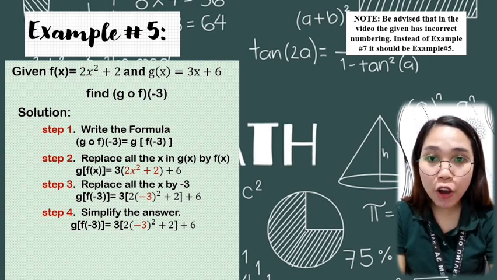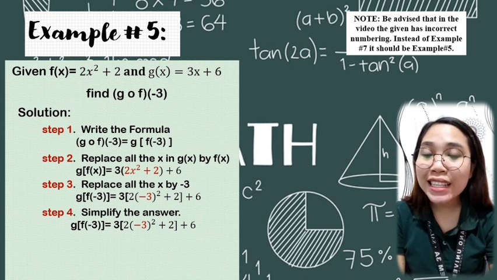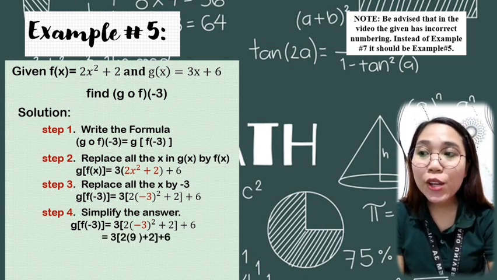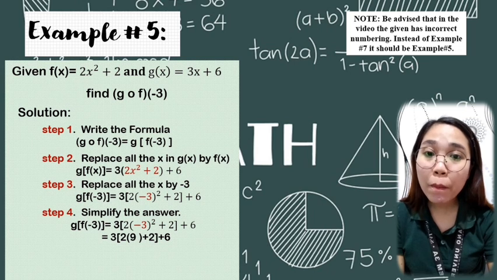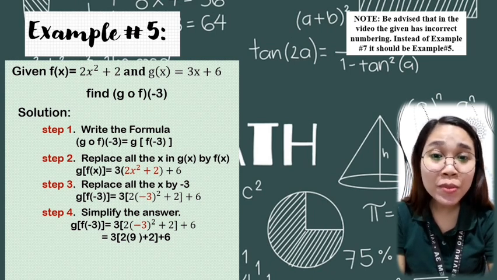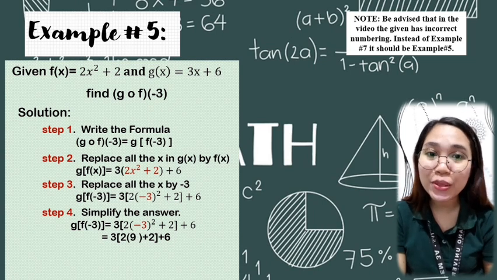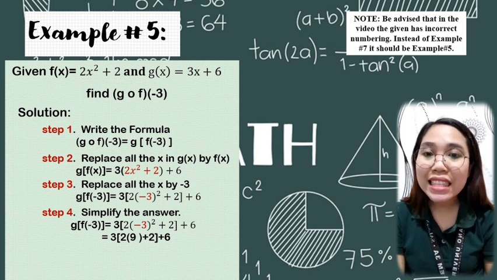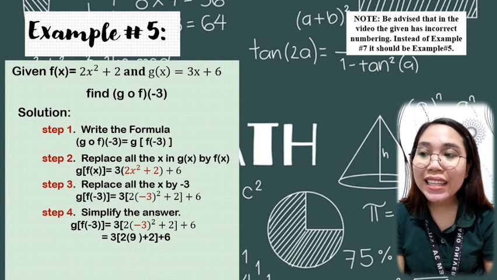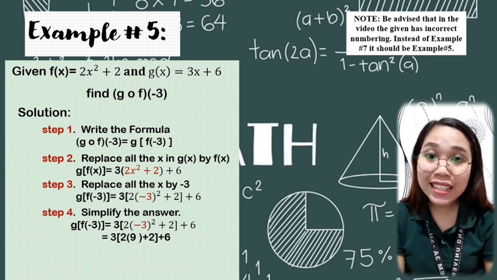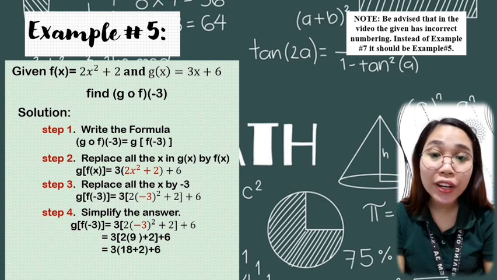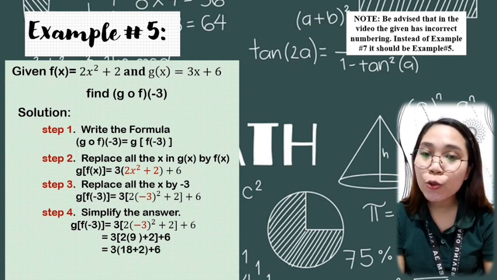Then step 4, simplify our answer. Following the rule of GEMDAS, 3 times open quantity 2 times 9, since negative 3 squared is 9, plus 2 close quantity plus 6.